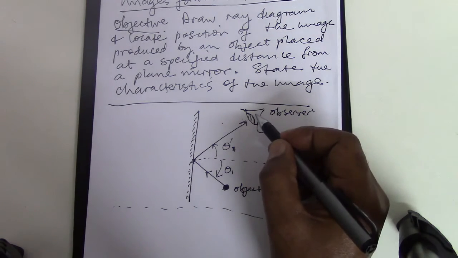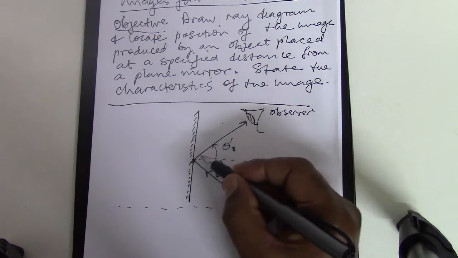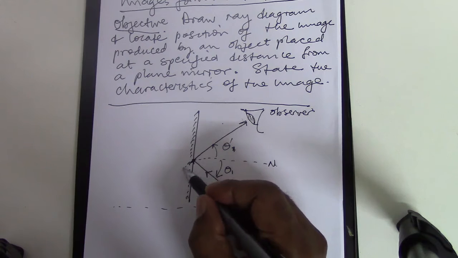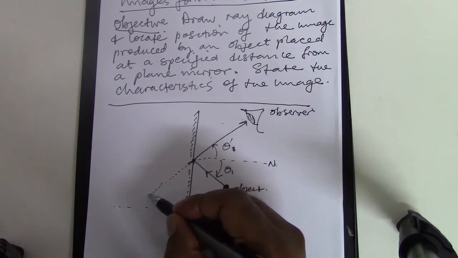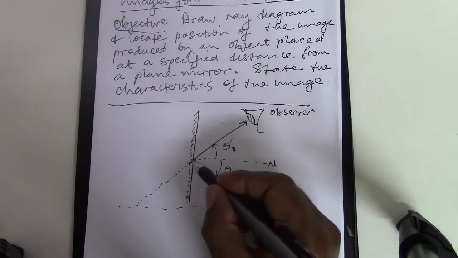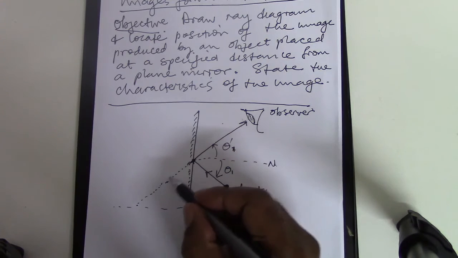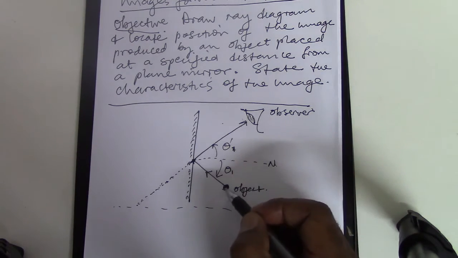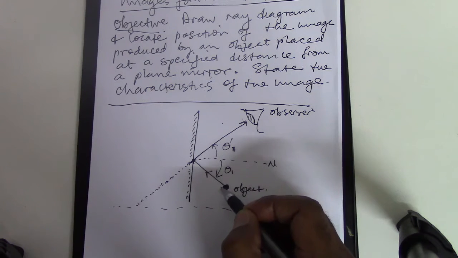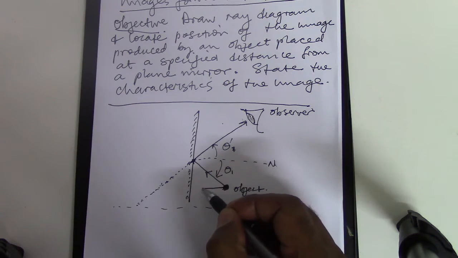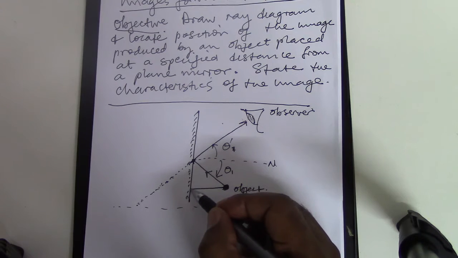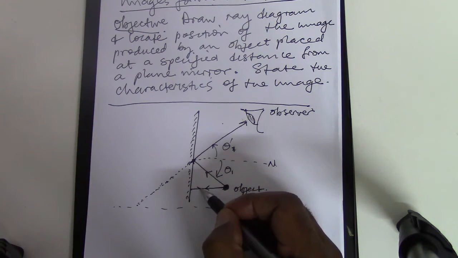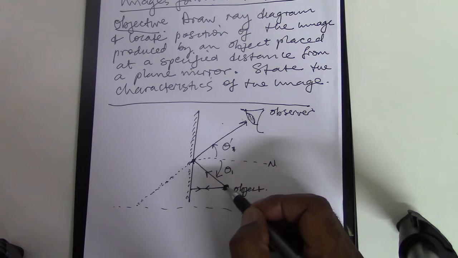According to the observer, he doesn't see this light coming from the object, but from a straight line somewhere behind the mirror. If a ray strikes the mirror perpendicularly, it is reflected backwards along the same path.